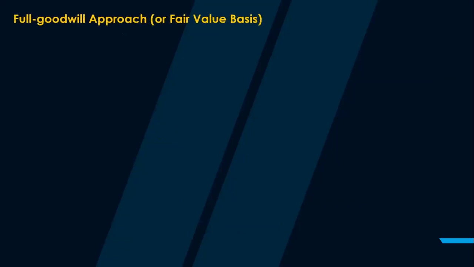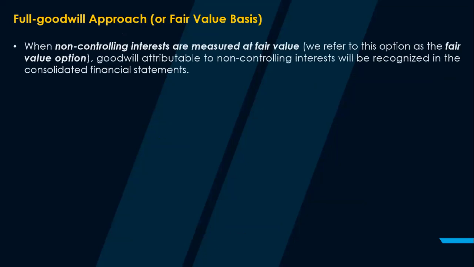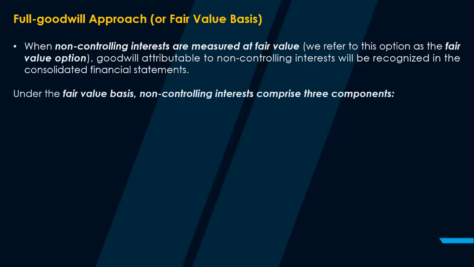Now, full goodwill approach or fair value basis. When non-controlling interests are measured at fair value, we refer to this as the fair value option. Goodwill attributable to non-controlling interest will be recognized in the consolidated financial statements.